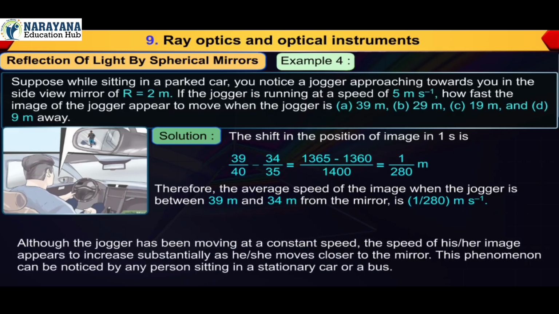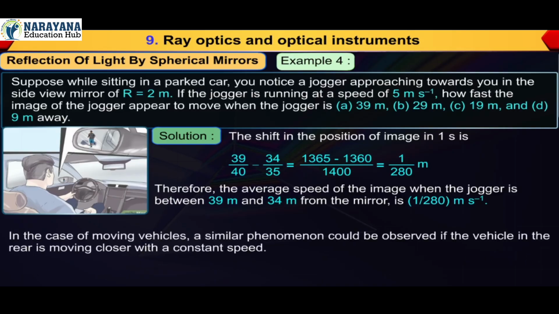Although the jogger has been moving at a constant speed, the speed of his or her image appears to increase substantially as he or she moves closer to the mirror. This phenomenon can be noticed by any person sitting in a stationary car or a bus. In the case of moving vehicles, a similar phenomenon could be observed if the vehicle in the rear is moving closer with a constant speed.